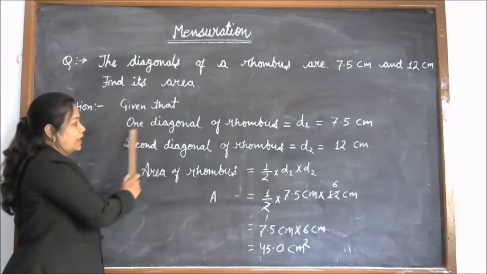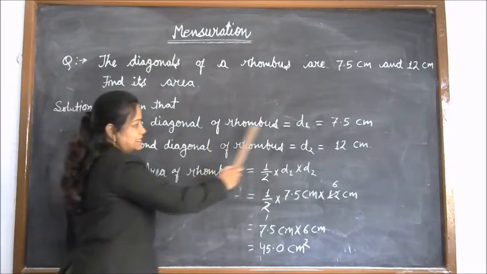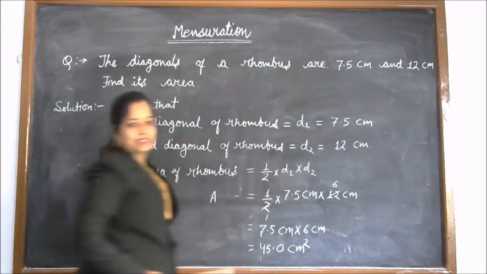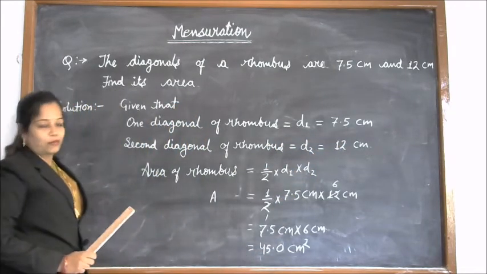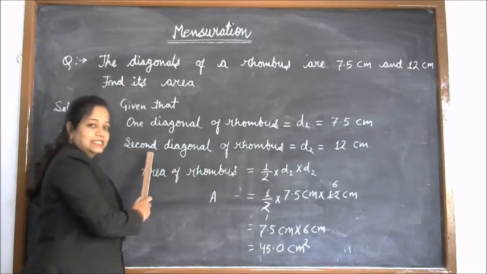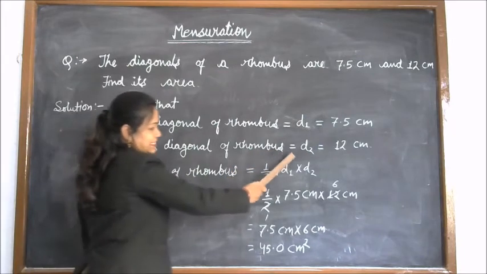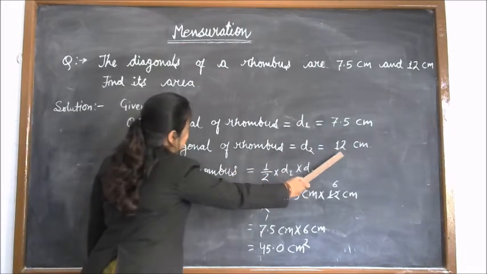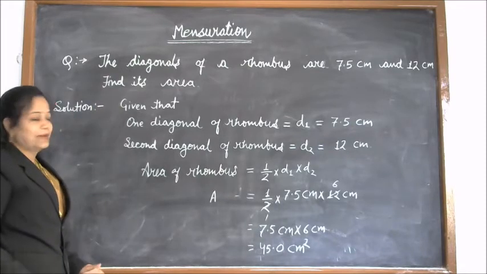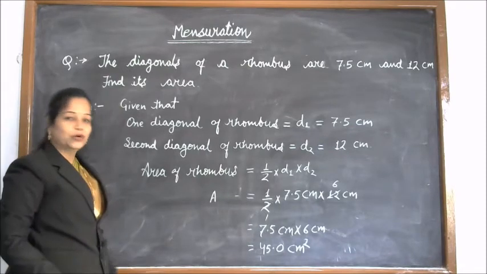Given that one diagonal of rhombus is equal to d1 is equal to 7.5 centimeter. First diagonal of rhombus is of 7.5 centimeter and second diagonal of rhombus is equal to d2 is equal to 12 centimeter. Now we will apply formula of area of rhombus.